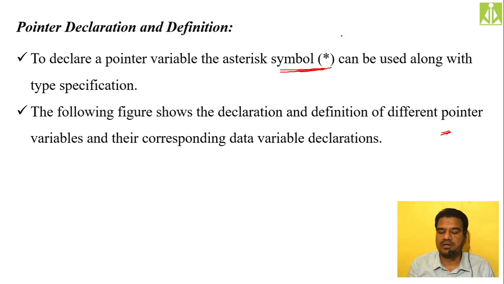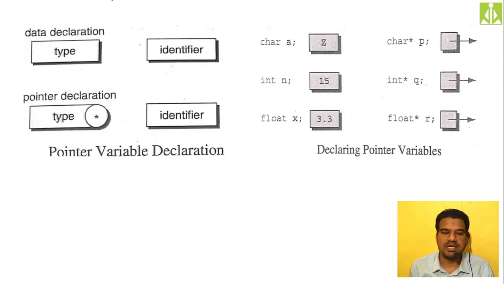See here, a normal identifier, how are we declaring it? Simply type and identifier, the variable name. This will declare a normal variable. If you want to declare a pointer, what do you have to do? Type followed by star.